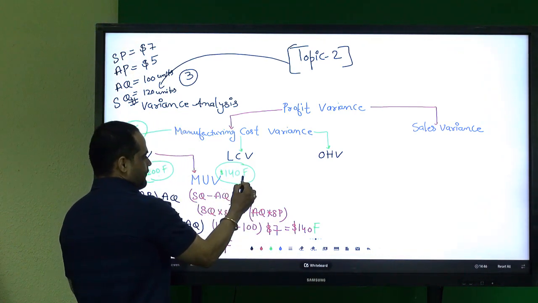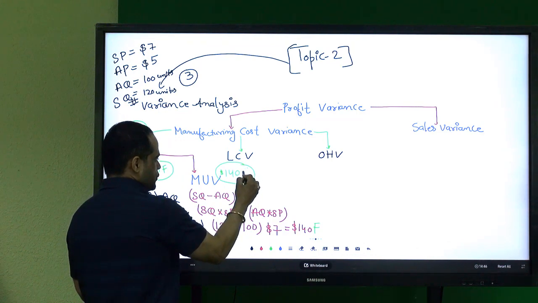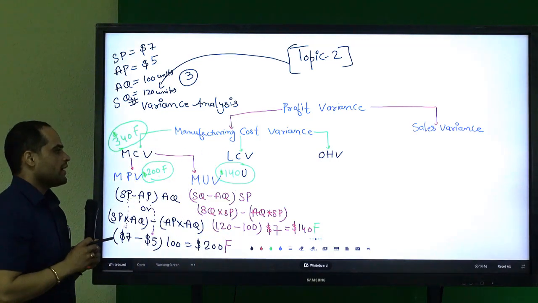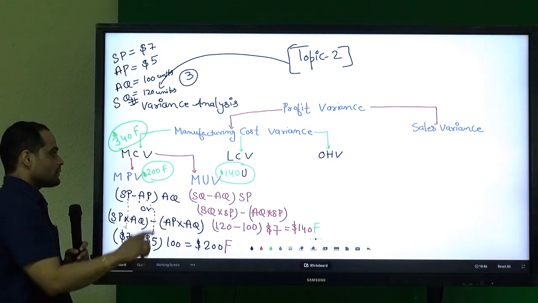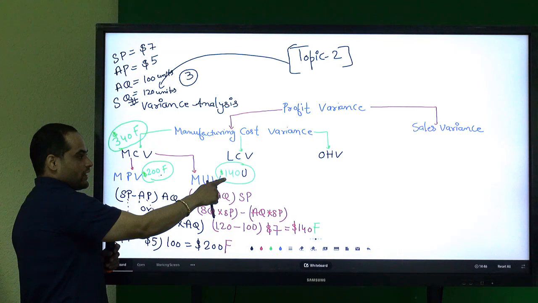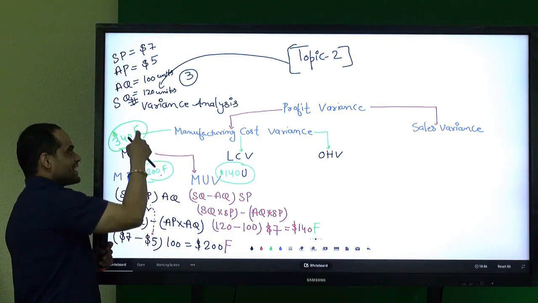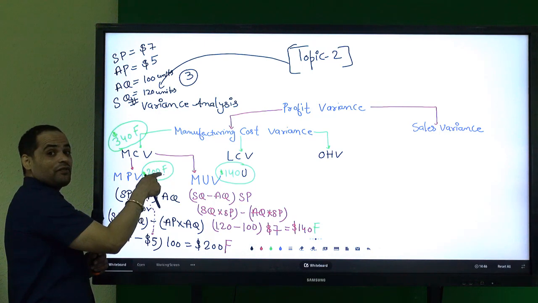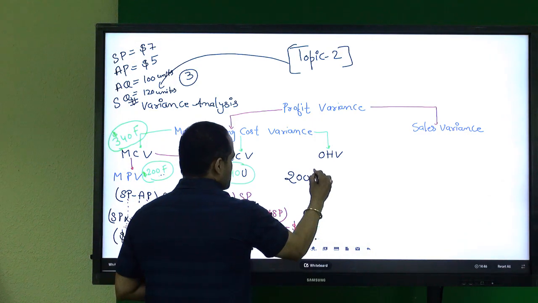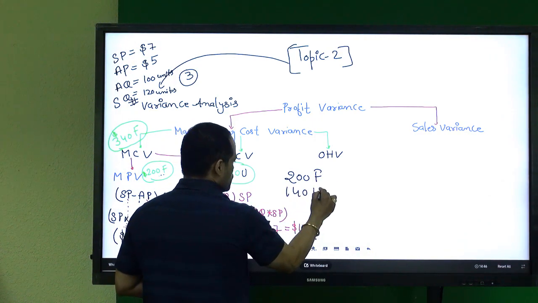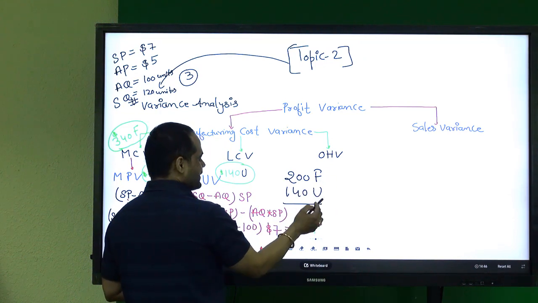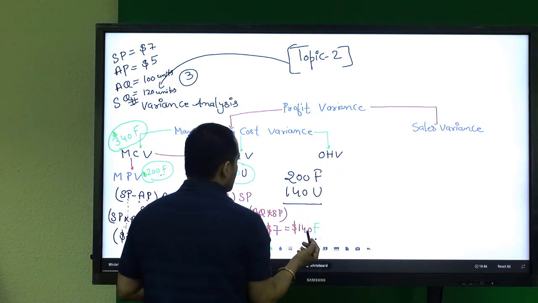if it's not F but U, let's assume this 140 is U, which means 200 F minus 140. The difference is 60 F. Let me write it for you: let's say it's 200 F and 140 U. Because it's favorable and unfavorable, we cannot simply add them; positive and negative, of course, we can offset.